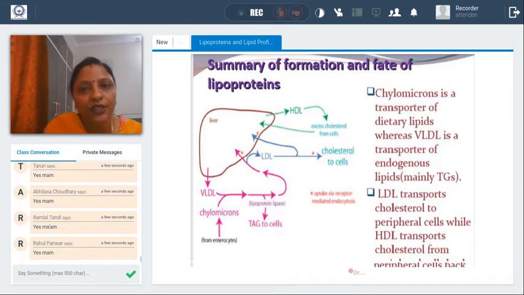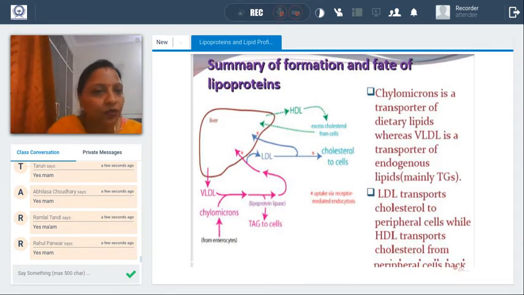This is a summary of formation and fate of lipoproteins. Chylomicrons is a transporter of dietary lipids or exogenous lipid, mainly TG, whereas VLDL is a transporter of endogenous lipid, mainly TG, you all know. LDL transports cholesterol to peripheral cells from liver, while SDL transports cholesterol from peripheral cells back to the liver.